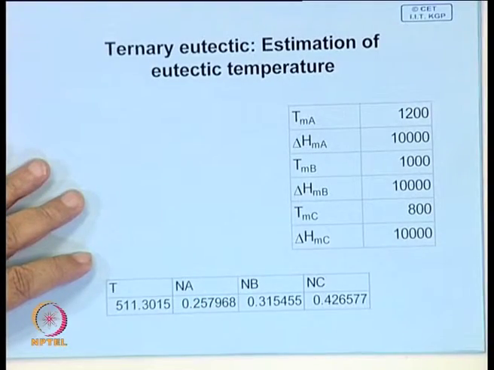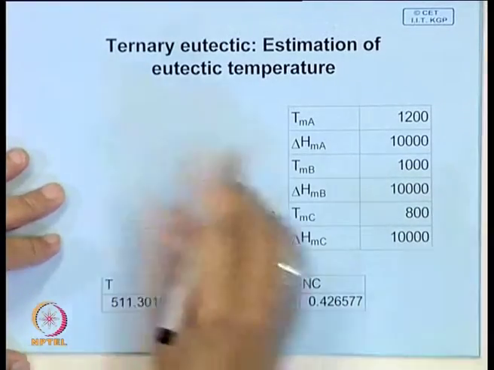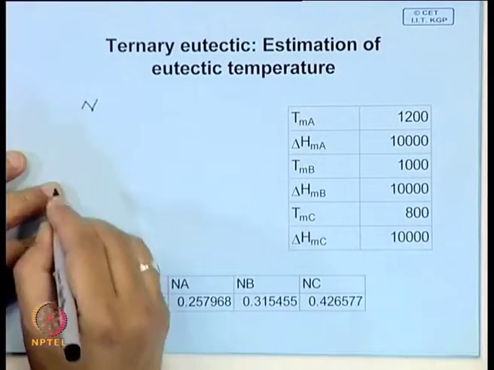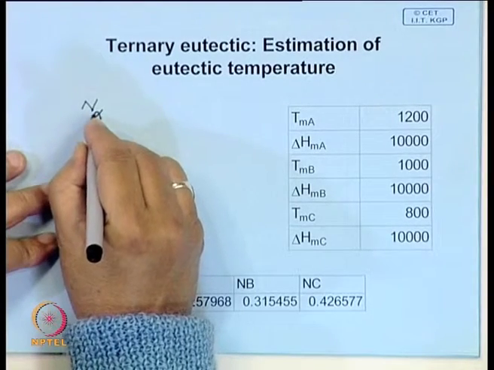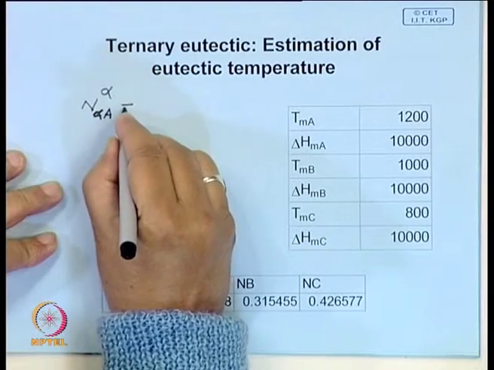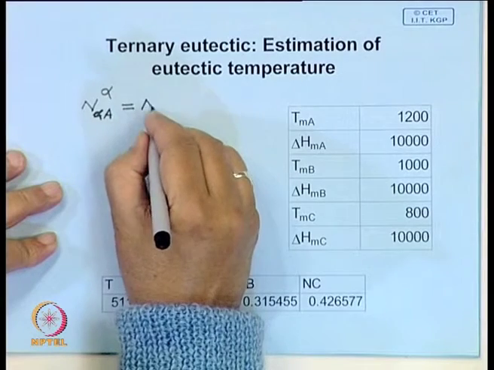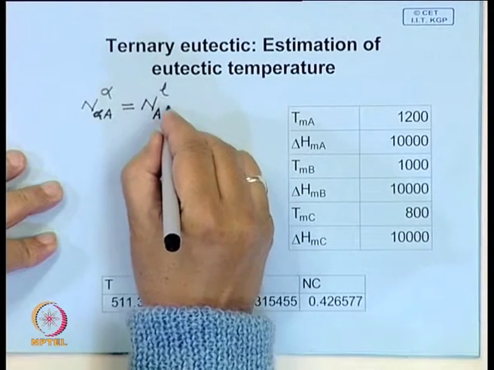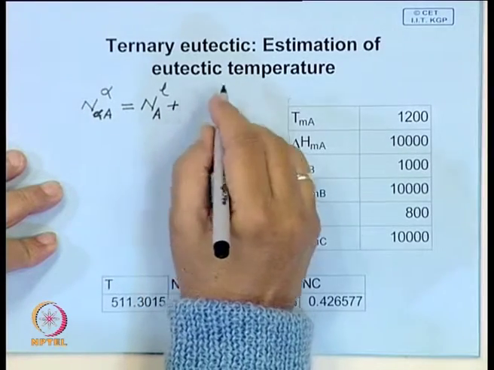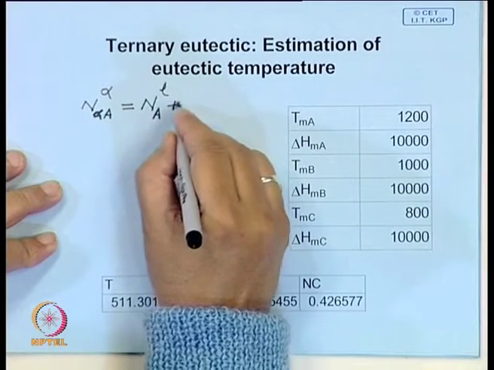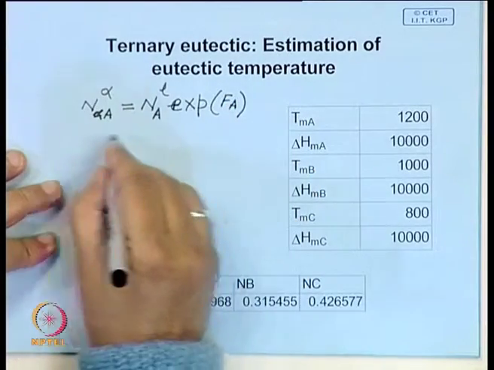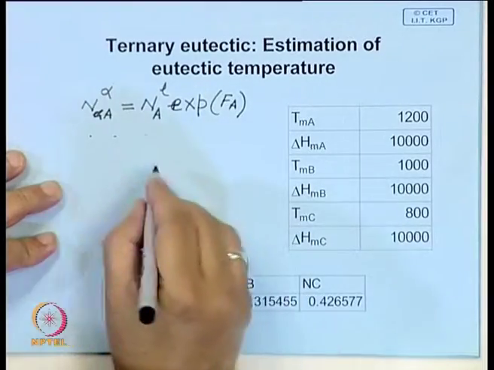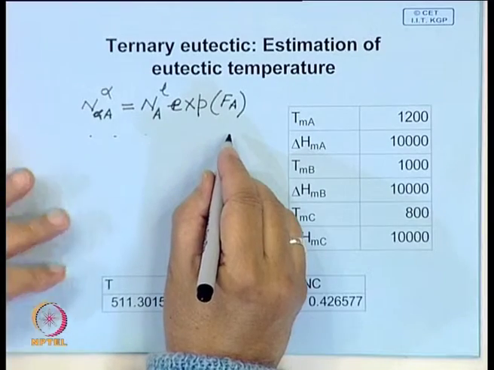Following exactly the similar case in a ternary eutectic, at the eutectic temperature, let us say just above the eutectic temperature, you can equate N A in alpha to N A in liquid times exponential F A. So you will have three such equations.